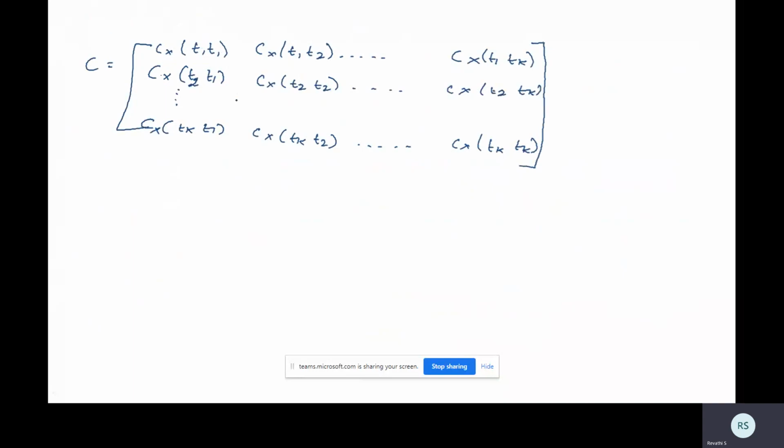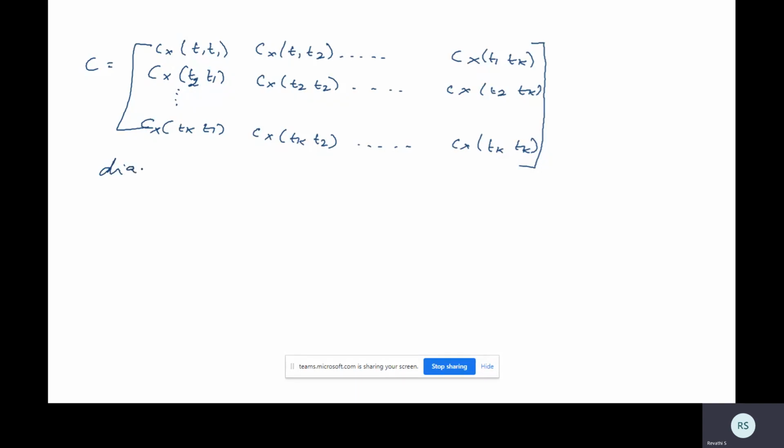Now you can see in this covariance matrix, you concentrate only on the diagonal. That is Cx of T1 T1, T2 T2, T3 T3 till Tk Tk. This diagonal of the covariance matrix is nothing but your variances. Other than the diagonal, whatever you are having here, for example, first row second column Cx of T1 T2, similarly Cx of T2 T1, all these are the covariances.